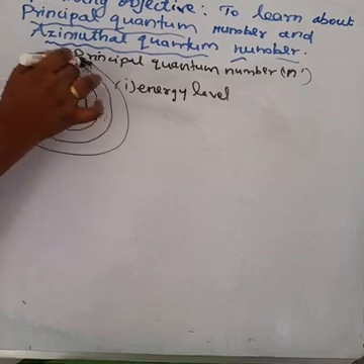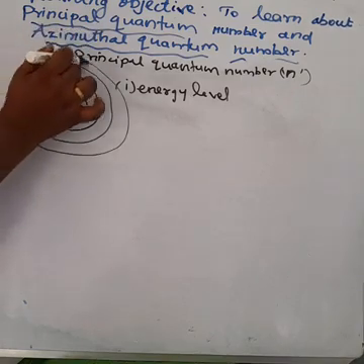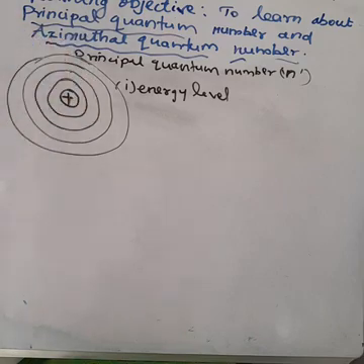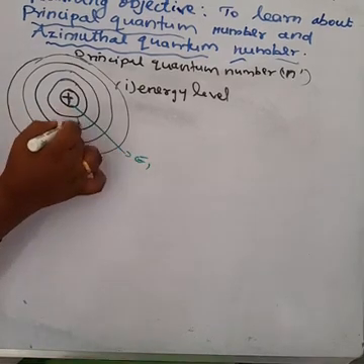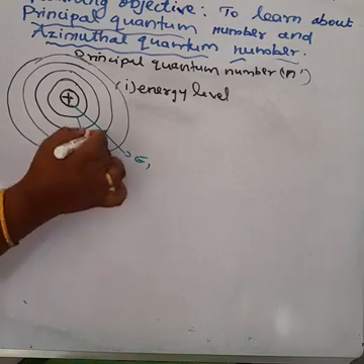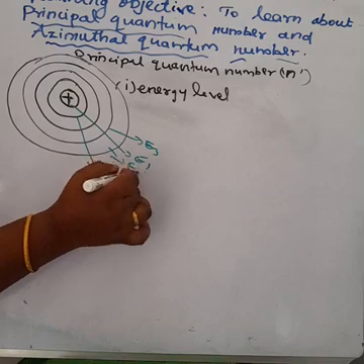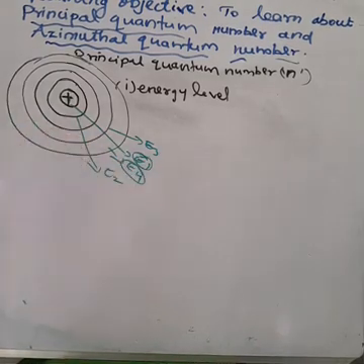Energy levels are E1, the first orbit, second orbit E2, E3 and lastly E4. E1 means the lowest energy level and E4 means the highest energy level.